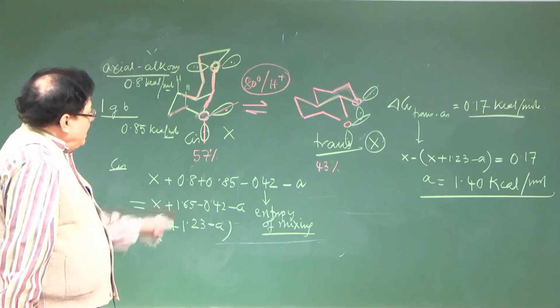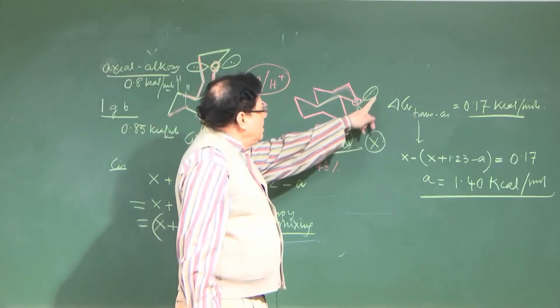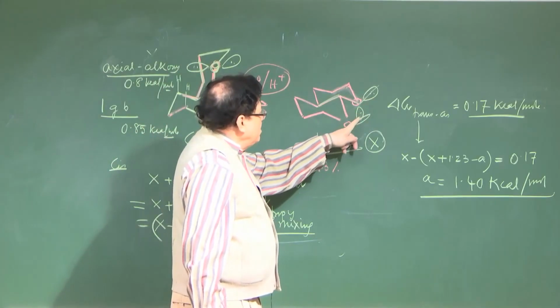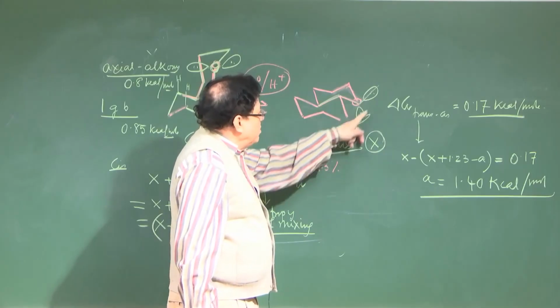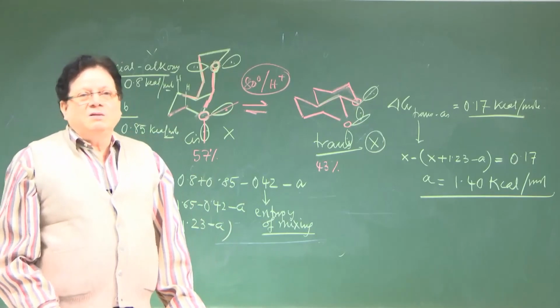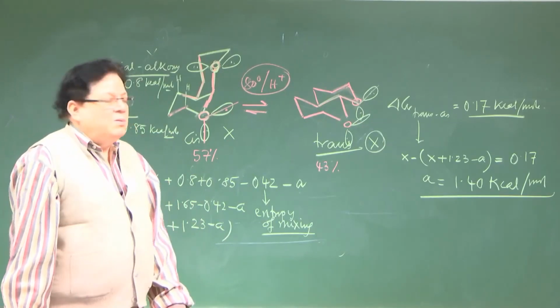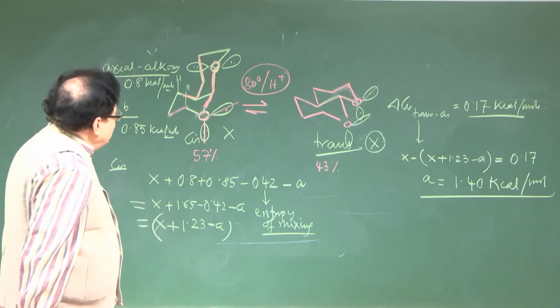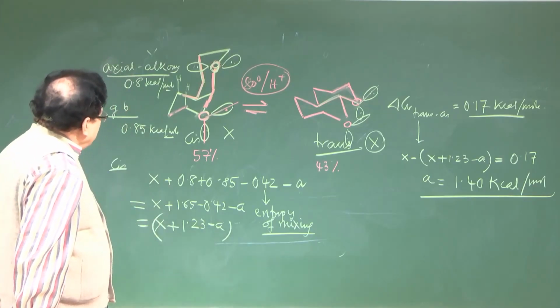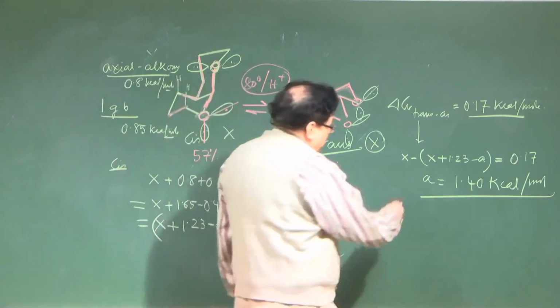This could be a little bit approximate because you are not taking into account any electronic repulsion that may be possible in the trans system, but that has been overlooked. Otherwise the calculations are more or less okay, and always think of this as an approximate value.